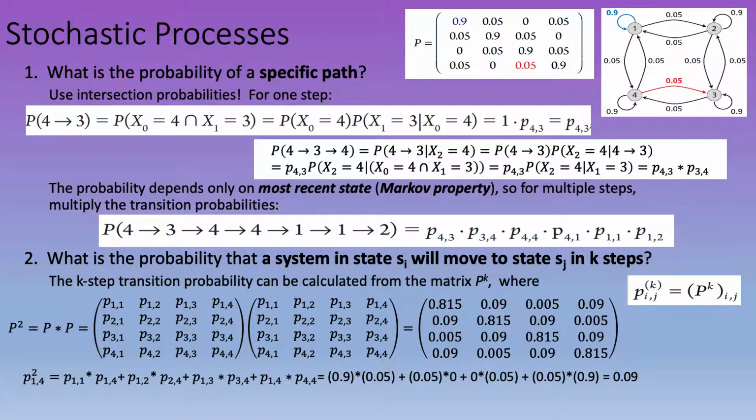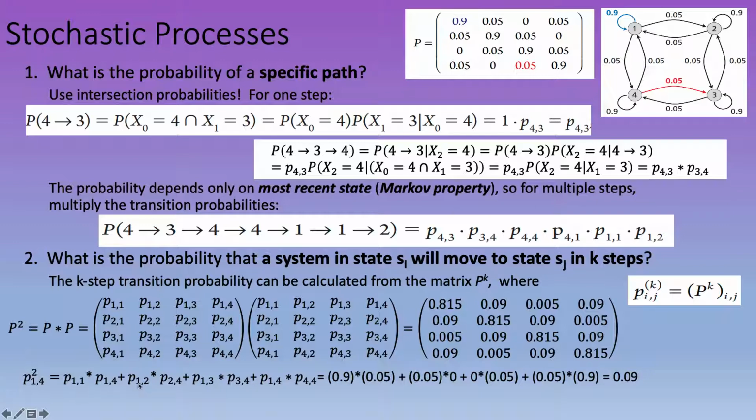And what that means is, if I want to figure out how to go from position 1 to position 4 in 2 steps, I basically have to calculate all the different pathways that I could possibly use. I could stay in position 1 and go to position 4, and that's going to be 0.09 times 0.05.